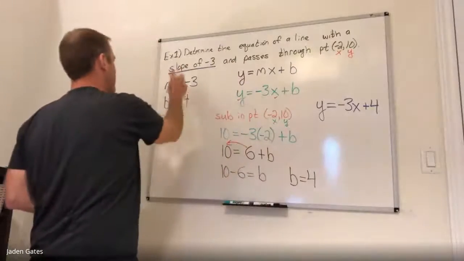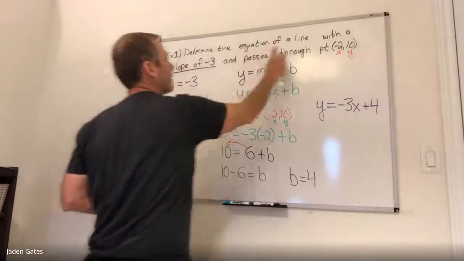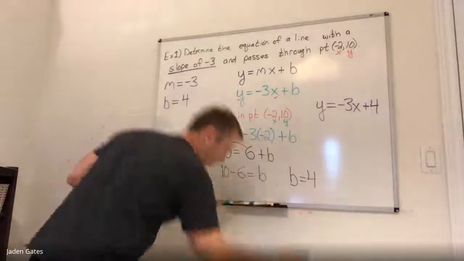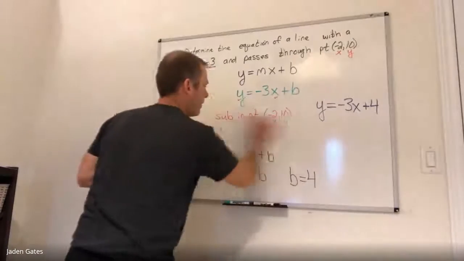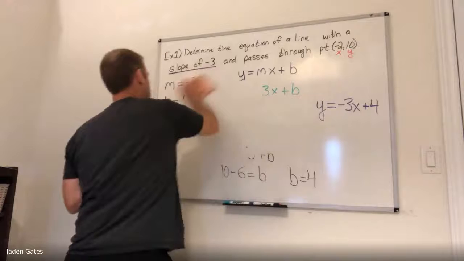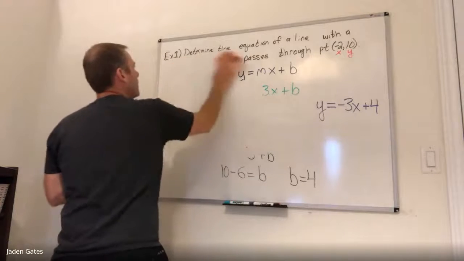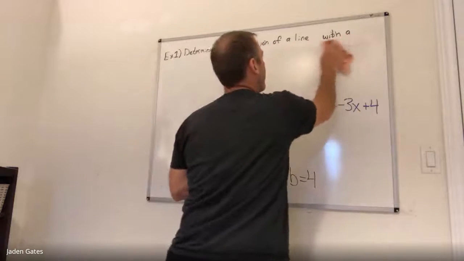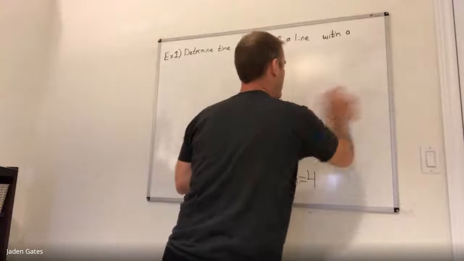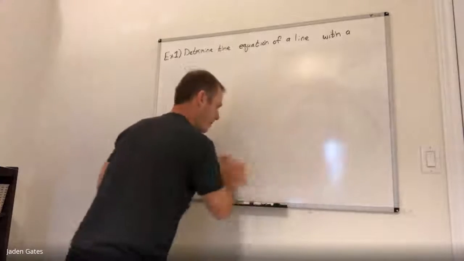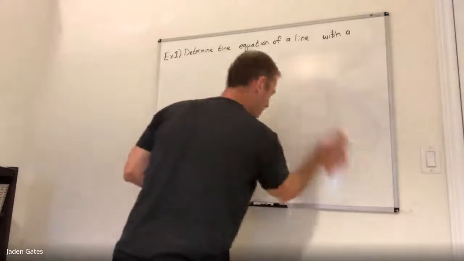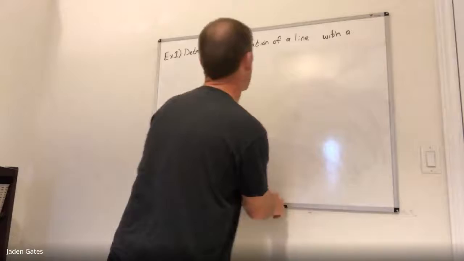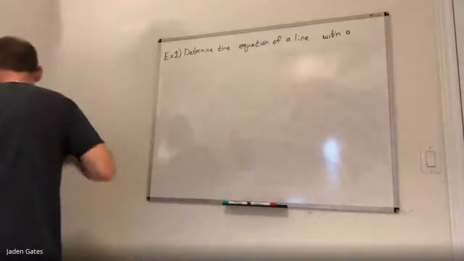So let's see here. Go clean. All right, whoops. Okay, so example 3. Well, these all start with determine the equation of a line, so I might as well leave that.